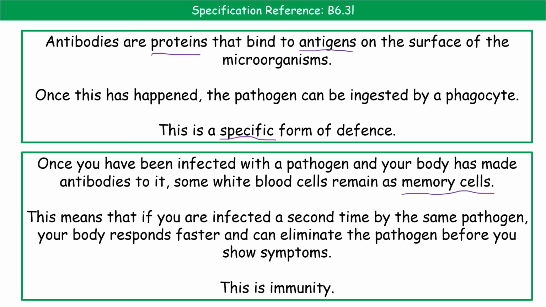Now, memory cells are much longer lived, and they will just remain in relatively low numbers in your body, so that if you are then infected a second time by that same pathogen with the same antigen on the surface, your body is able to respond much quicker. As a result of that, it usually eliminates the pathogen before you show symptoms, and that means you are immune because you've got some kind of method to fight off that infection before you show any symptoms at all.